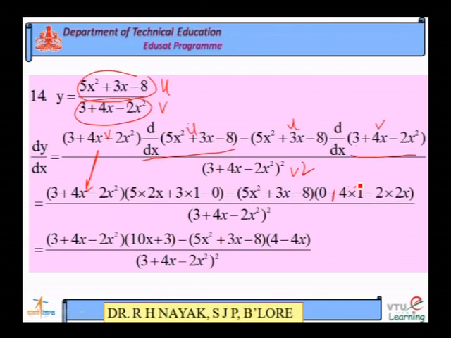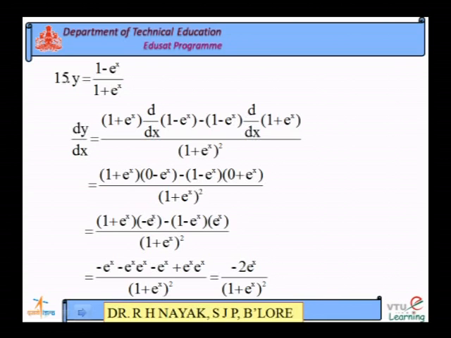Keep this as it is, 5 into 2 is 10x plus 3 into 1 is 3, leave 0, 5x square plus 3x minus 8 is taken as it is, then finally we have 4 minus 4x divided by v square.